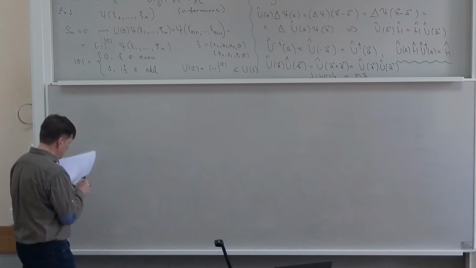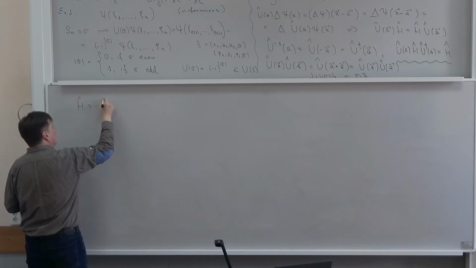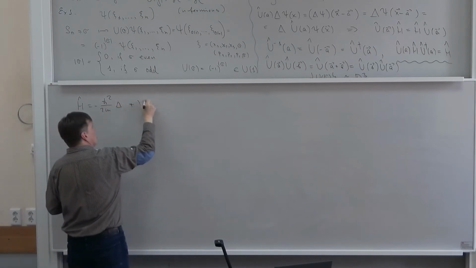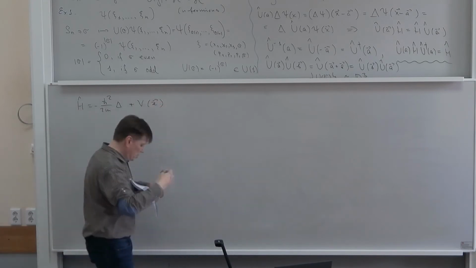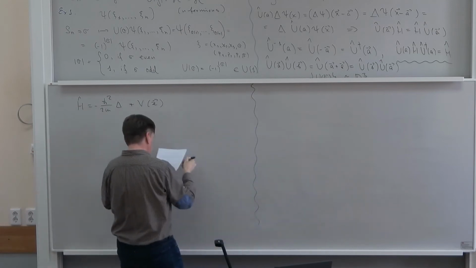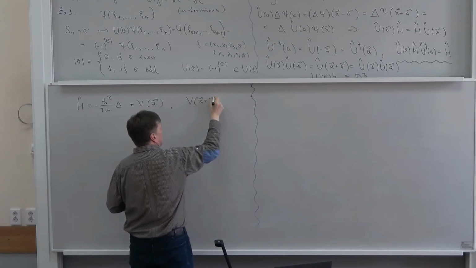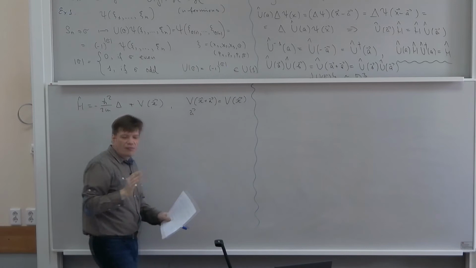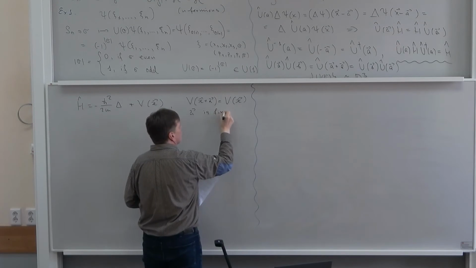Then its Hamiltonian takes the form of the kinetic term, p squared over 2m, plus the potential energy V, which is supposed to be periodic in some direction. So V of x plus A is equal to V of x, where A is a fixed displacement vector.